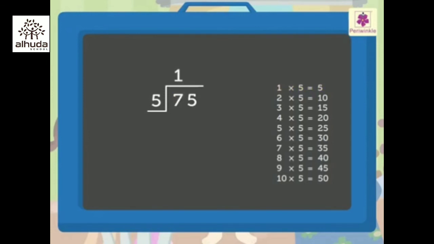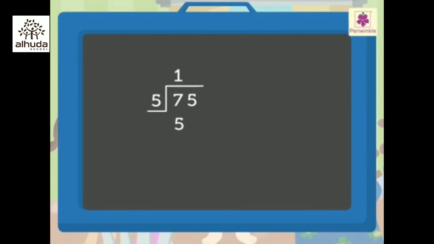As we know, 1 into 5 is equal to 5. Write the number 5 in the tens column under 7. Subtract 5 from 7. The remainder 2 is written in the tens column.